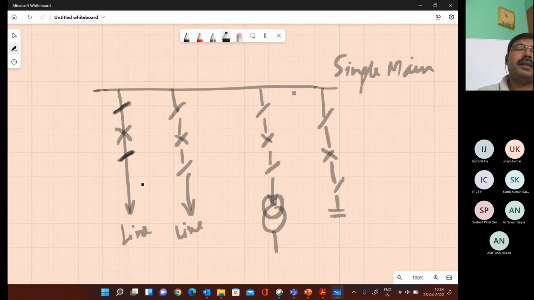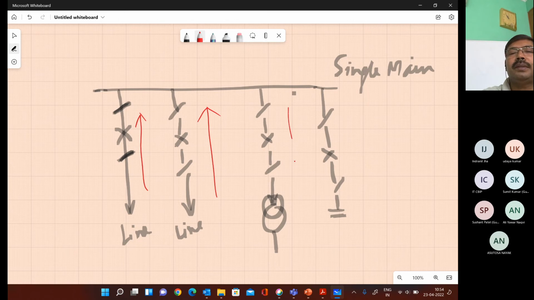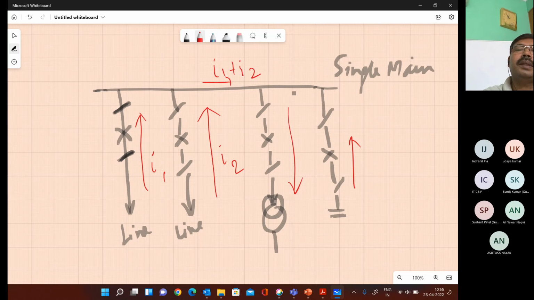Let us say the current is coming this way, and this way, and this is also a generator. If this is I1 and this is I2, then from here the current will be I1 plus I2, correct? And here it will be I1 plus I2.